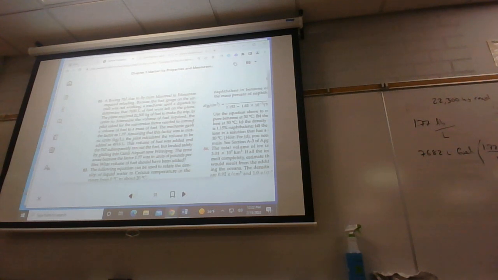So how many kilograms short are we? We need 22,300, and we have 6,164.9. I should have just subtracted it: 22,300 minus 6,164.9 means we're short 16,135 kilograms on fuel.